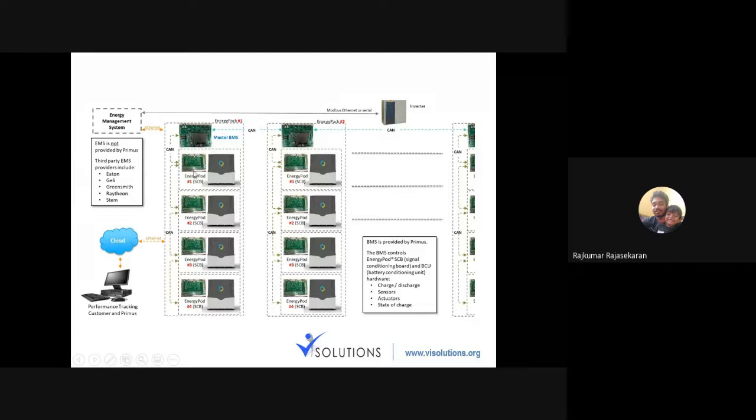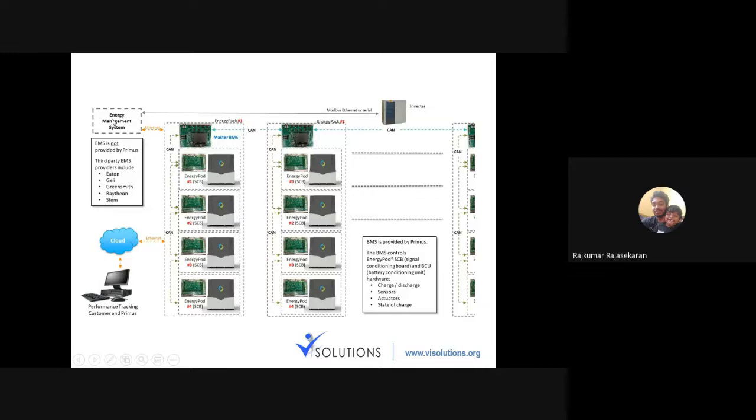These are all slaves. For individual batteries you have individual slaves, and every slave will communicate to a master BMS. This master will have multiple separate masters, and these masters also communicate through Ethernet or CAN.